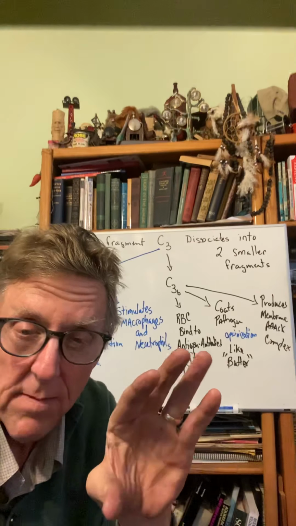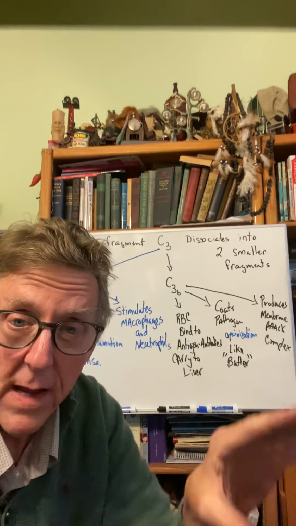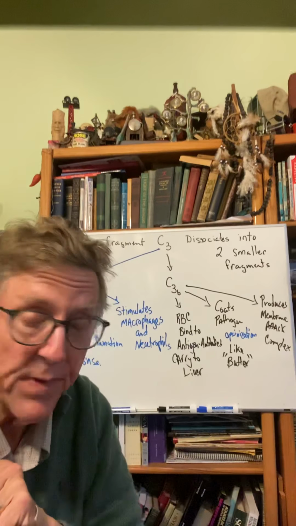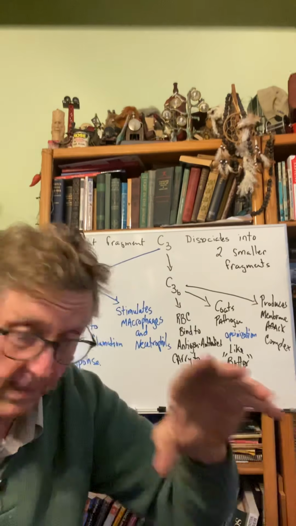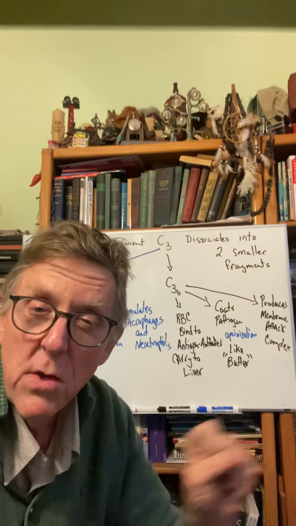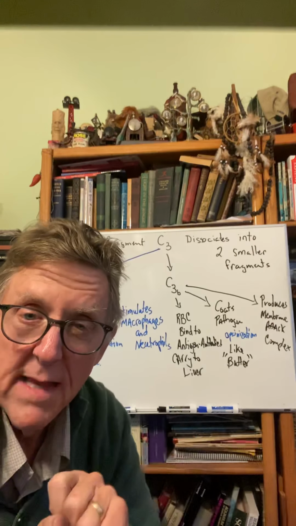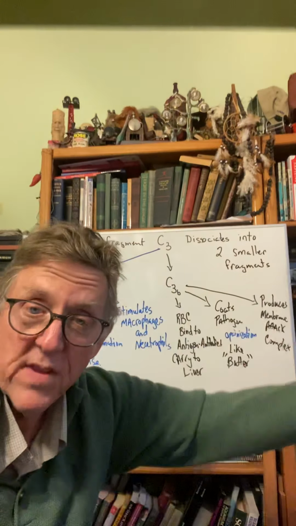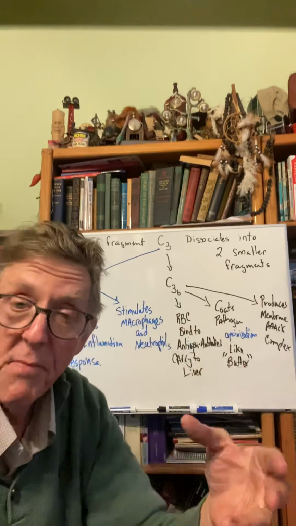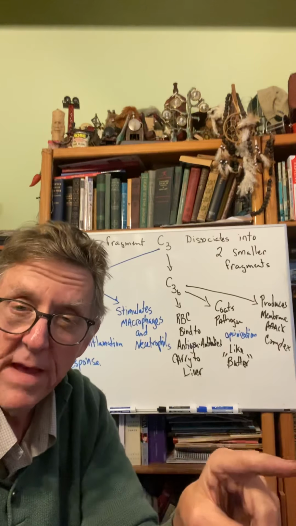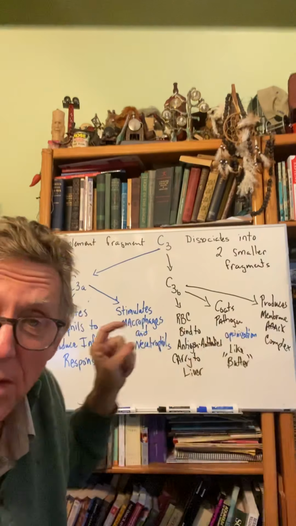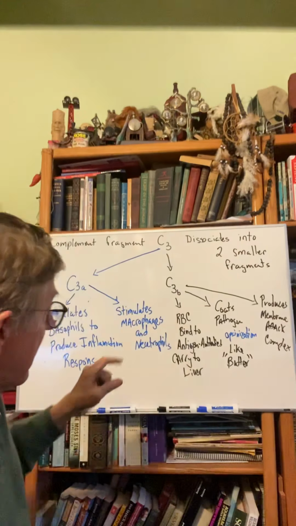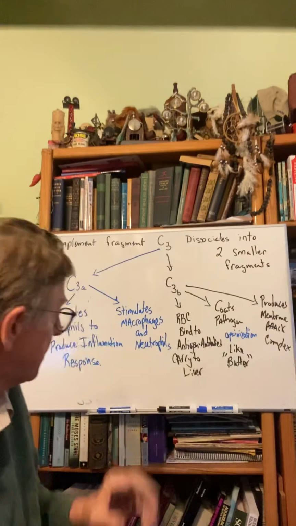So we said the antibody's out there and it's grabbed onto a pathogen, and then along comes a blood cell and it says, here, I'll carry you to the liver. And in the liver, that's where it's going to be taken care of. So it clears it from your body through activation of red blood cells. That's the first effect of the C3b fragment.